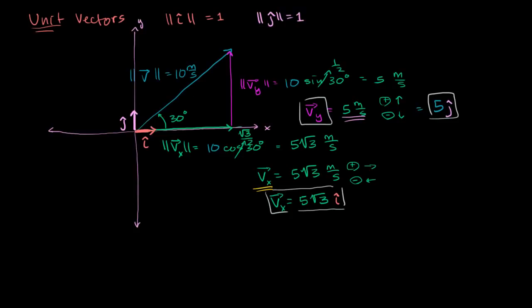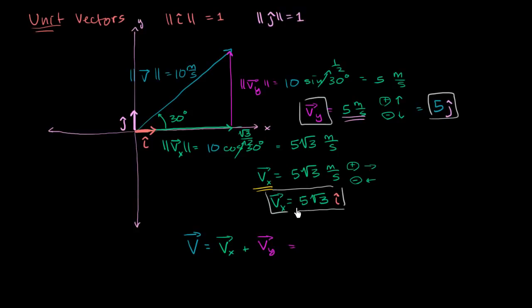And so we can actually use the components to represent the vector itself. We don't always have to draw it like this. So we can write that vector v is equal to its x component vector plus the y component vector.